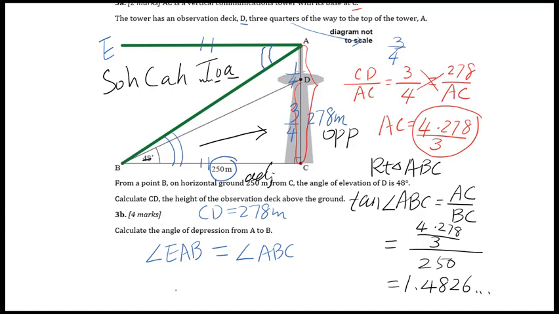Therefore, the angle ABC equals inverse tangent of 1.4826. Through graphing calculator, you will get 56.0 degrees.